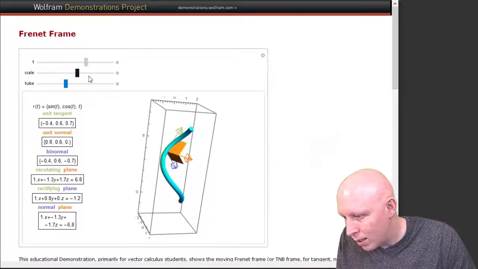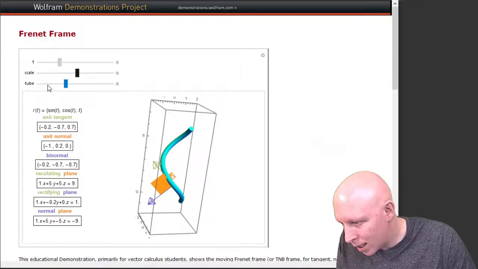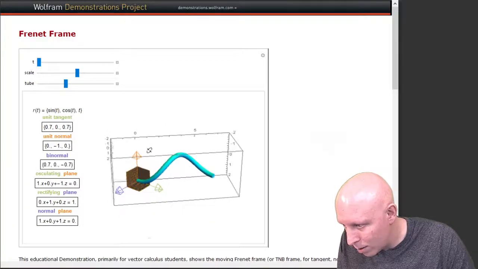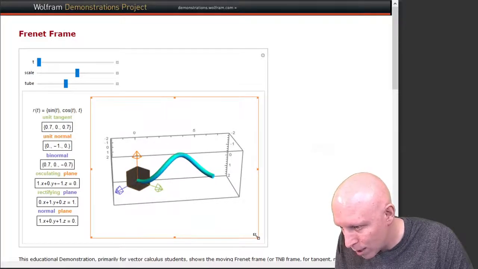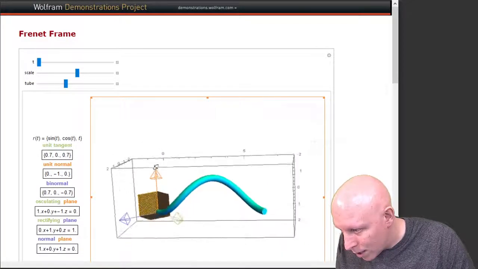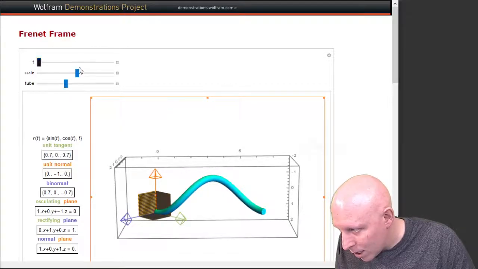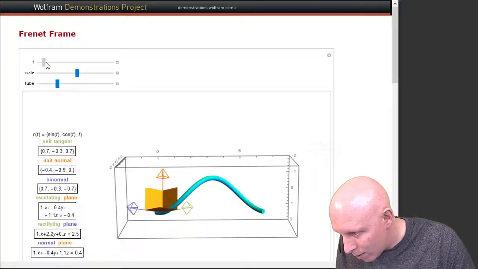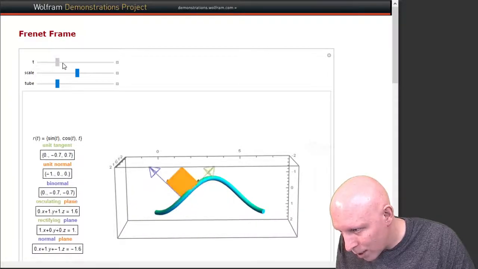All right. So next is that unit normal vector. Maybe I'll turn it this way, and make this a little bit bigger so we can see. The green vector is always pointing in the direction that the curve is going.